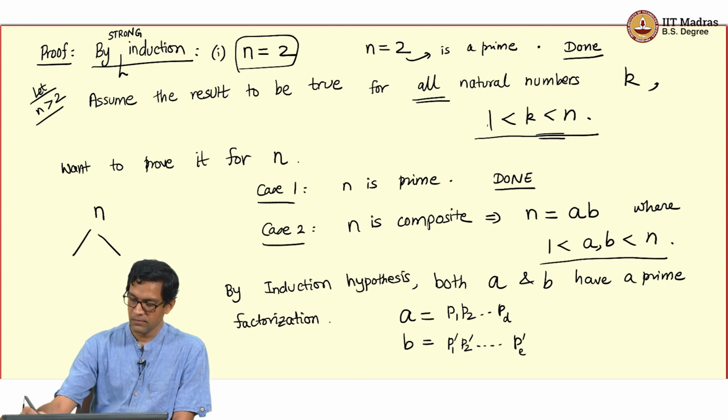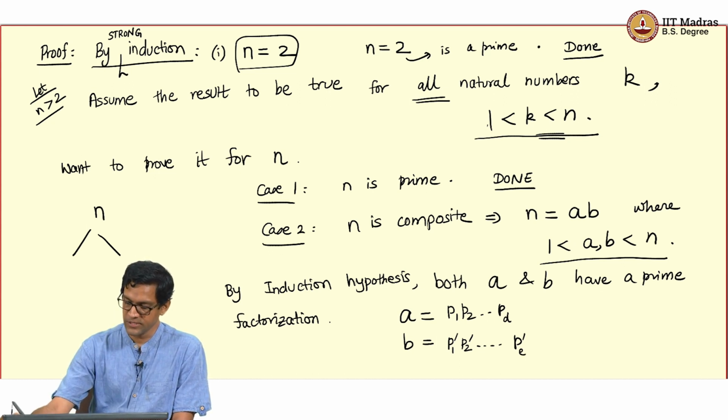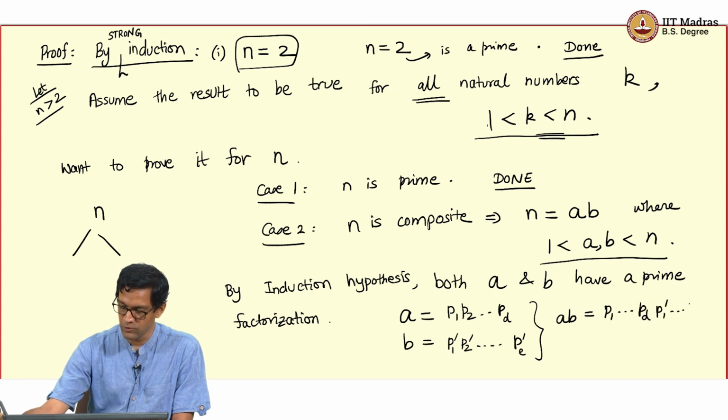And all you have to do to get a prime factorization for ab is just put them together. So the total product ab is therefore just p1, p2, ..., pd followed by p1', p2', ..., pe'. Okay, so that is the existence.